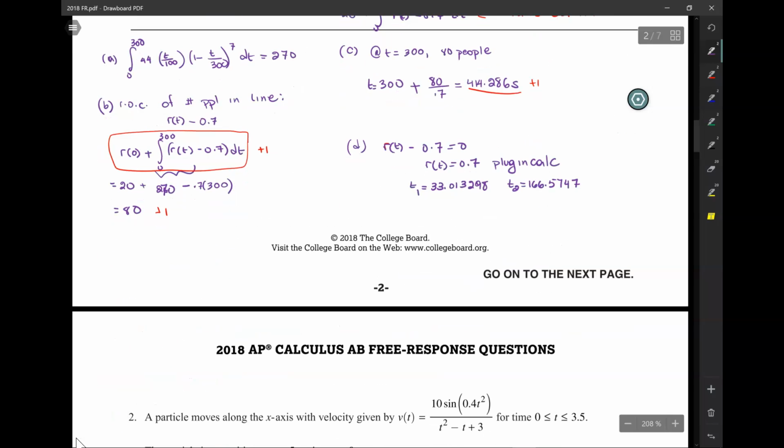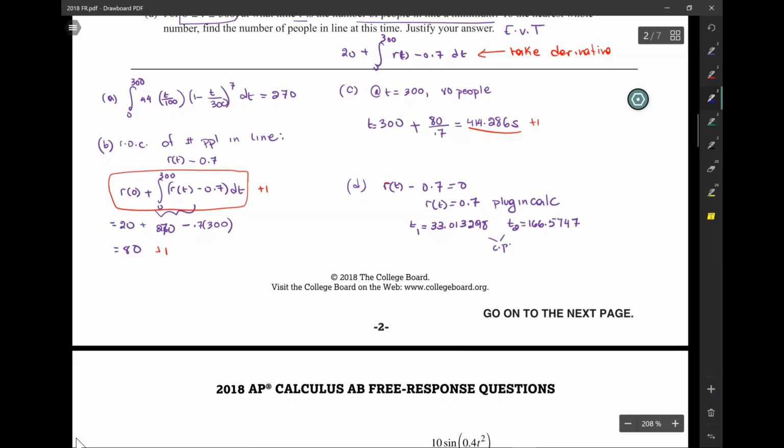Now these are your critical points. By the extreme value theorem, you want to evaluate this at 0, t1, t2, and so on. Let's say that this is A of x, the expression for the total number of people in line.